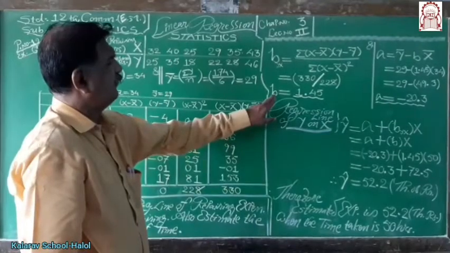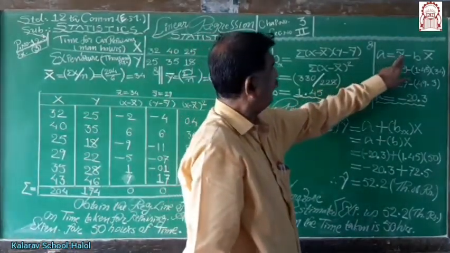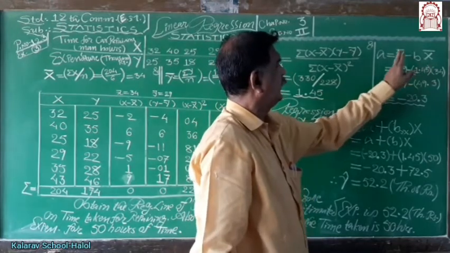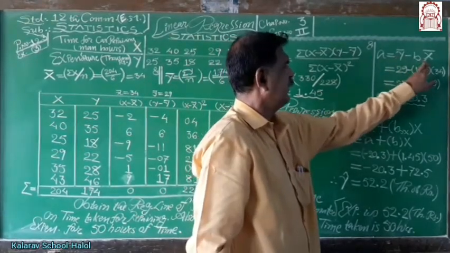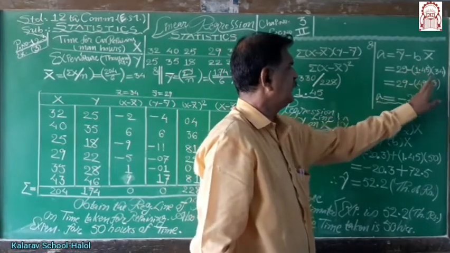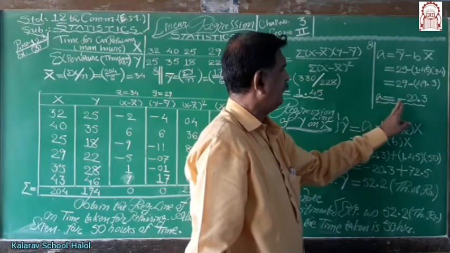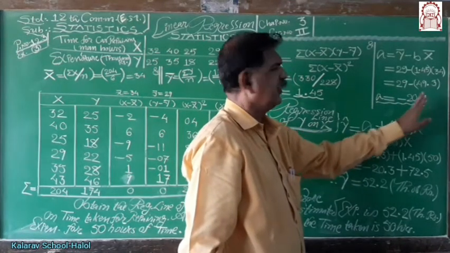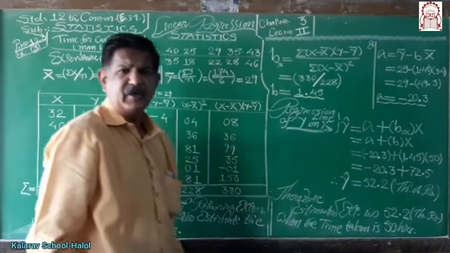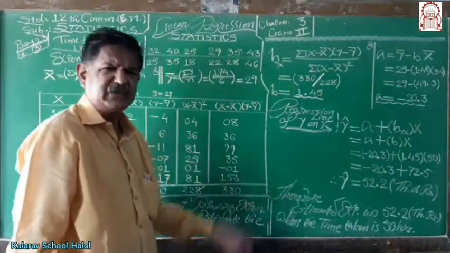With the value of b and x bar, y bar, we can compute a equals y bar minus b times x bar. Y bar is 29, x bar is 34, b is 1.45. This multiplication is 49.3. And ultimately, the value of a is minus 20.3.